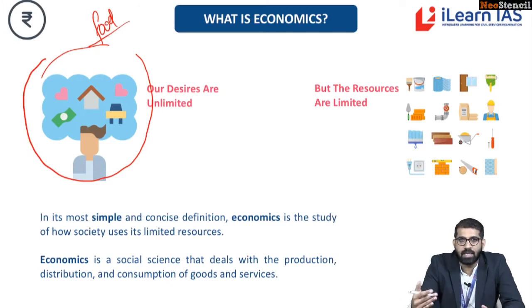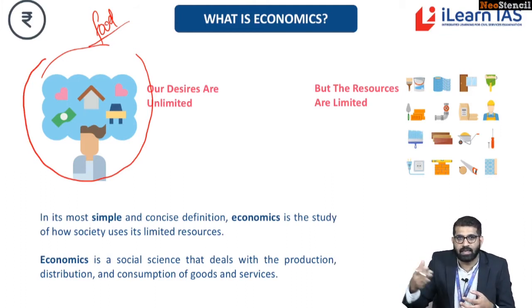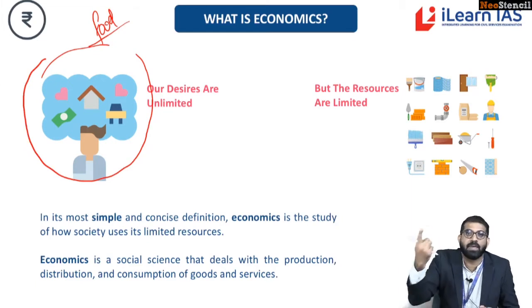Non-vegetarians require chicken or something like that, and vegetarians require paneer or other higher level food. As and when we start getting things that we require, our needs keep increasing, and it will not subside until we get the best. And once we get the best, we will search for the next best thing.